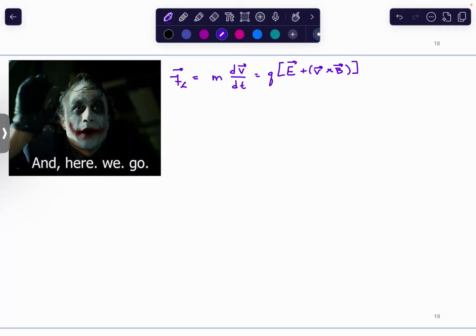Lorenzo. Actually, I'd probably give you at least a few points if you said the Lorenzo force. It's close. Although Lorenzo's Italian, Lorentz is German, but that's okay.